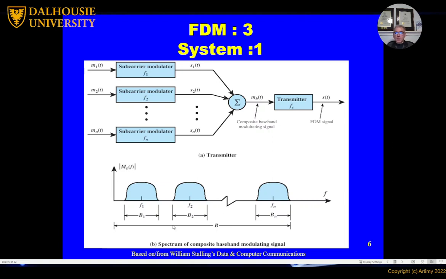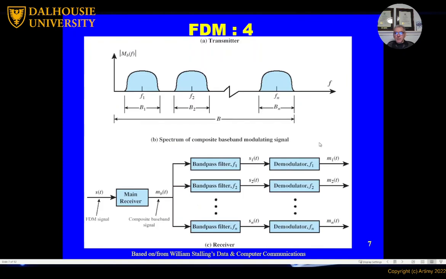So you will see here at the bottom that the first channel will occupy certain frequencies, the second channel will occupy a second frequency, and so on. And you notice here, we will visit this topic later, that we left a gap in between. We'll call that a guard band. So we'll make sure that the frequencies don't overlap each other so they don't destroy each other, right? So that's the idea.